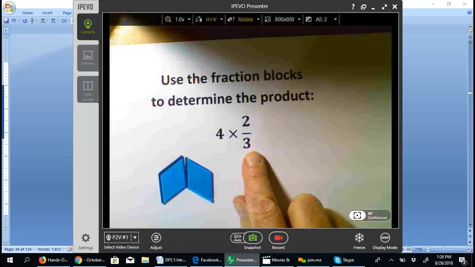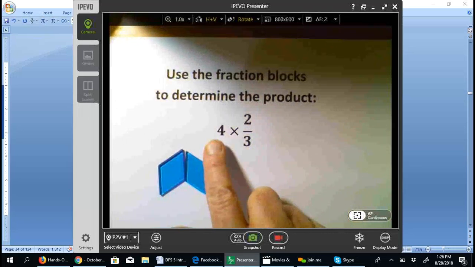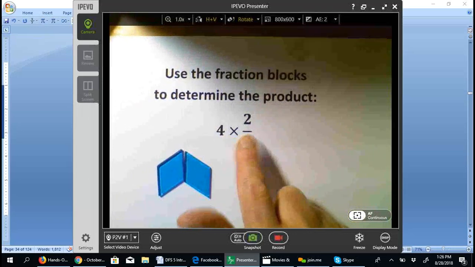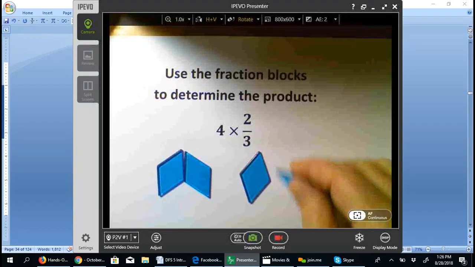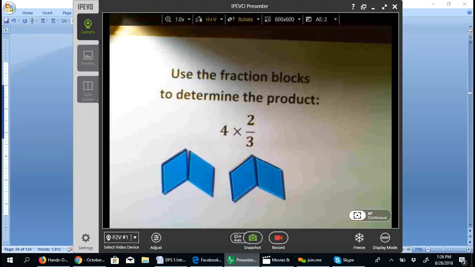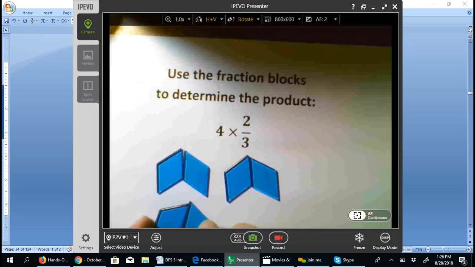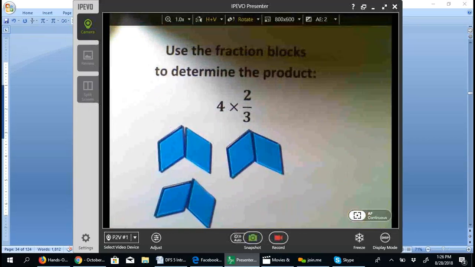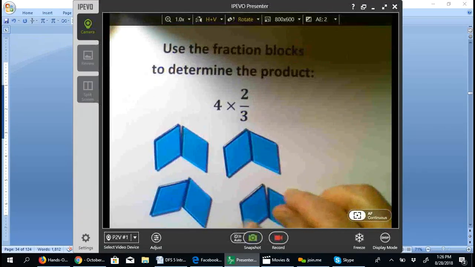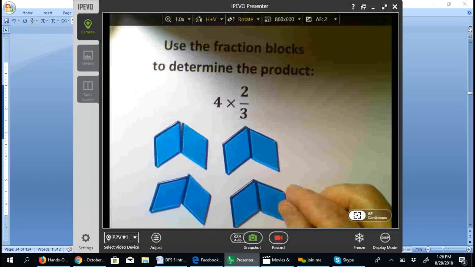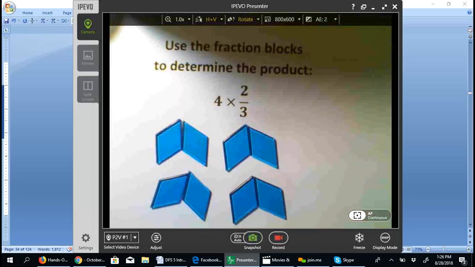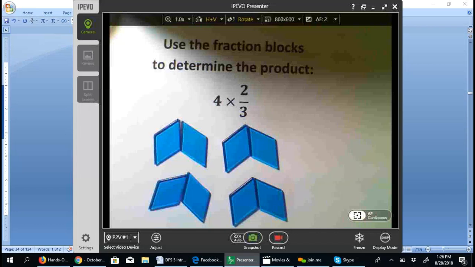So we always begin with the multiplicand. 4 is the multiplier, that means 4 sets of 2/3. Here's a second set of 2/3. Here's a third set of 2/3. And here's a fourth set of 2/3. So notice that the students are able to figure out 4 times 2/3 without you giving them a rule, and they see that the answer is 8/3.